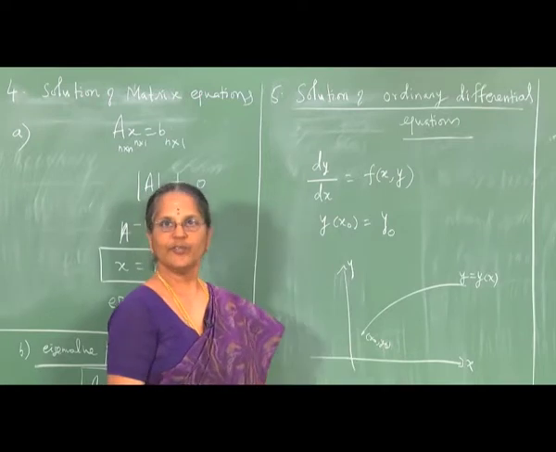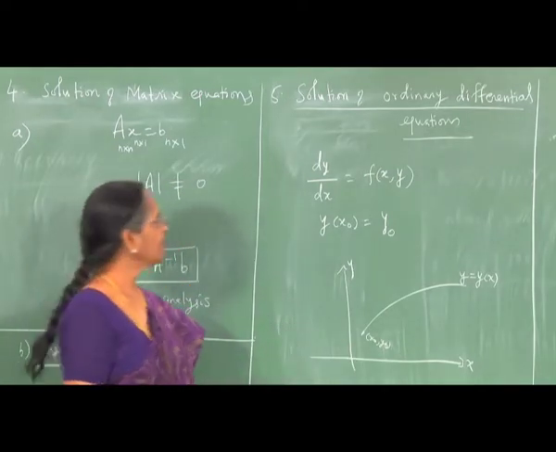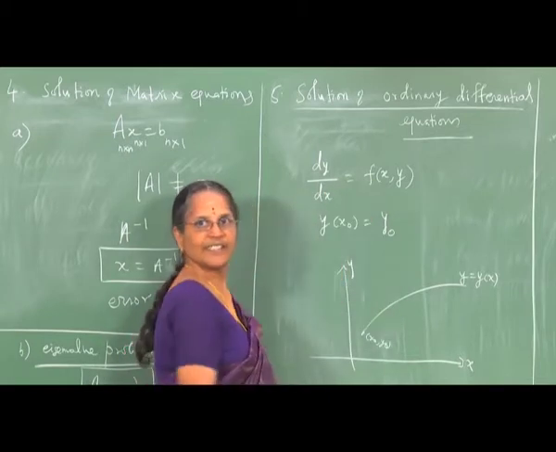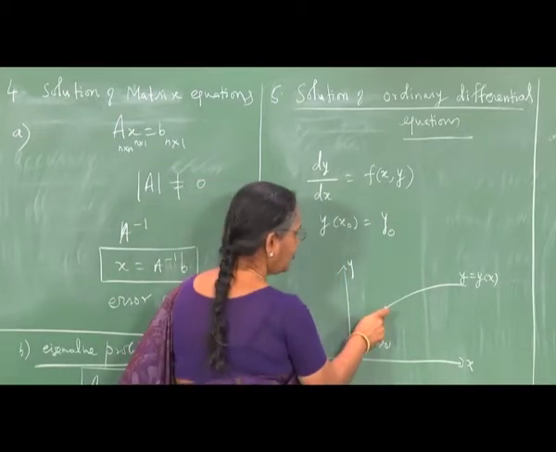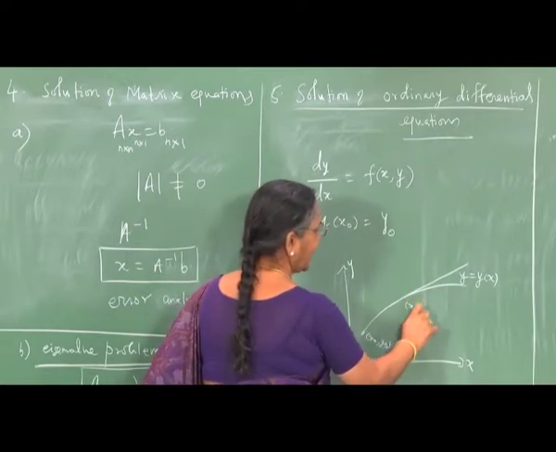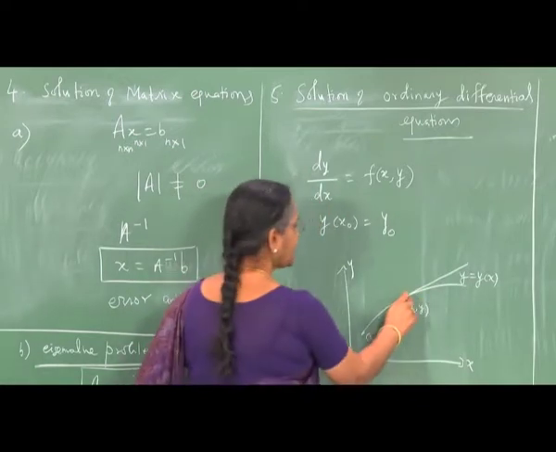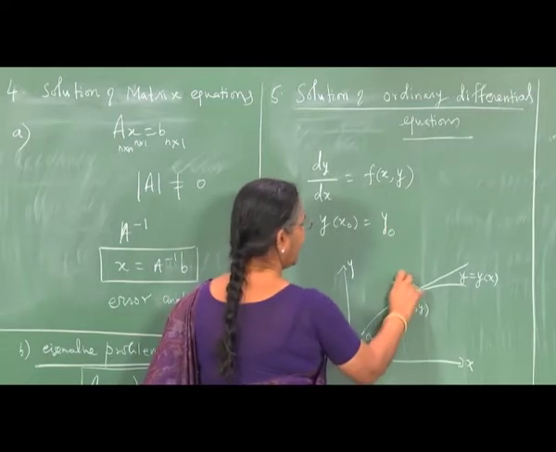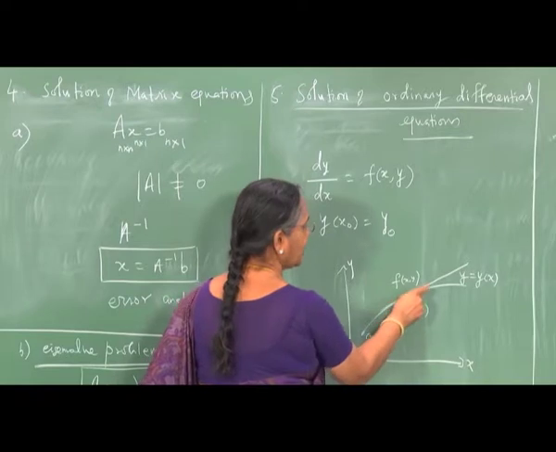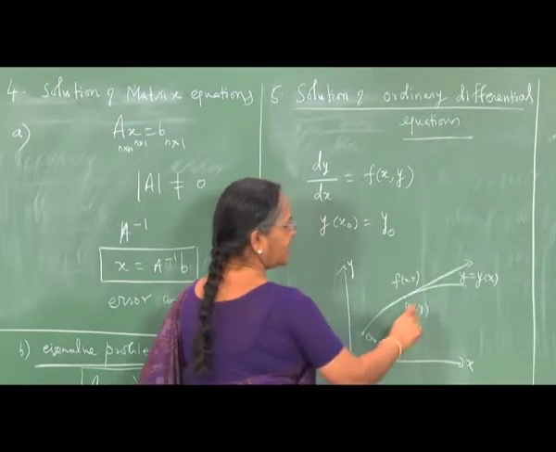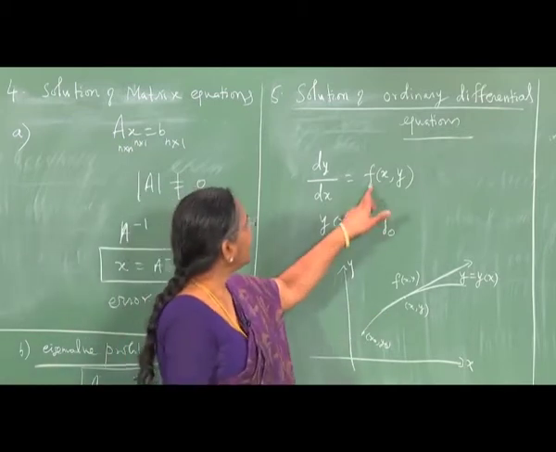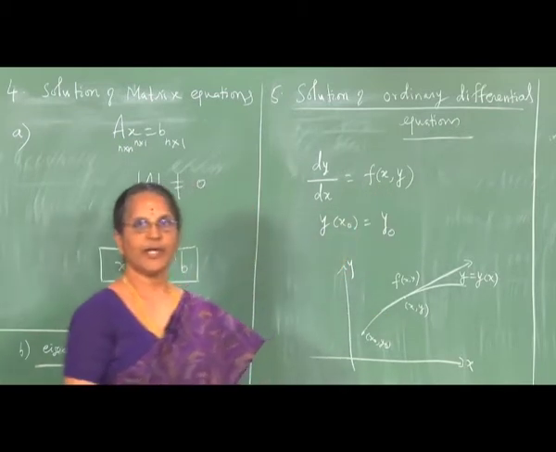And some additional information is given to us. What is it? It tells you that at any point on the curve, say x comma y, its slope is given by f of x comma y, namely the tangent to the curve at x comma y has its slope given by the right hand side f of x comma y.